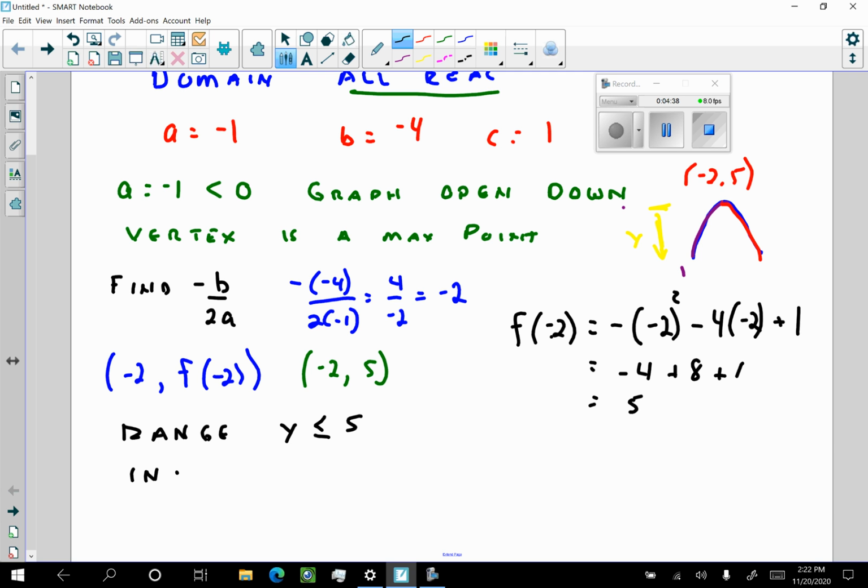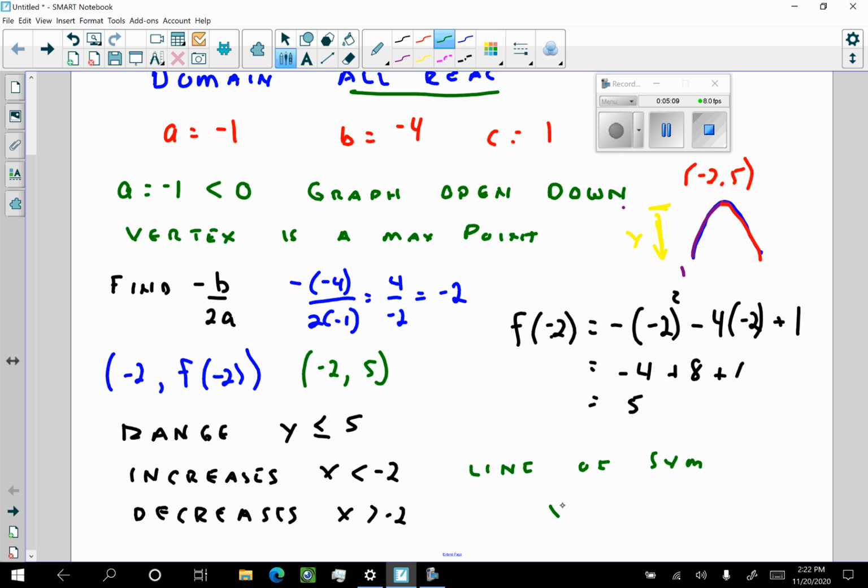This thing increases when x is less than negative 2, and it decreases when x is greater than negative 2. And what else do you know about the vertex? That the line of symmetry is x equals negative 2. So the vertex can tell you so much information.